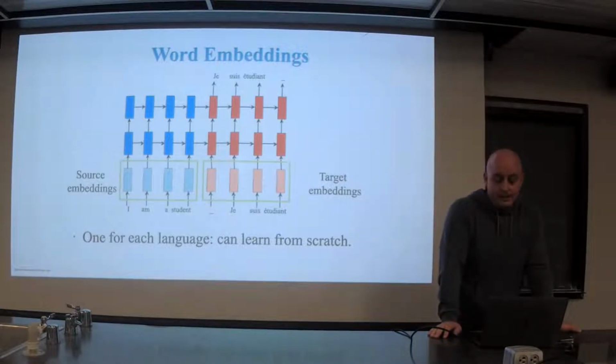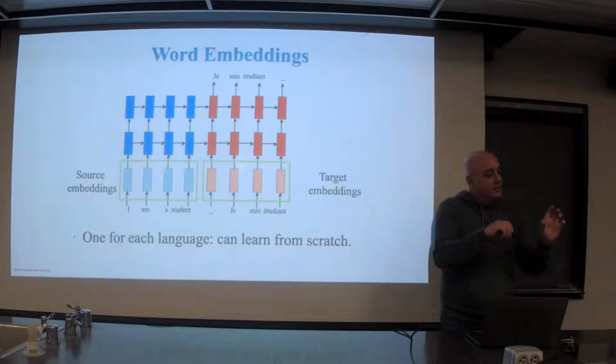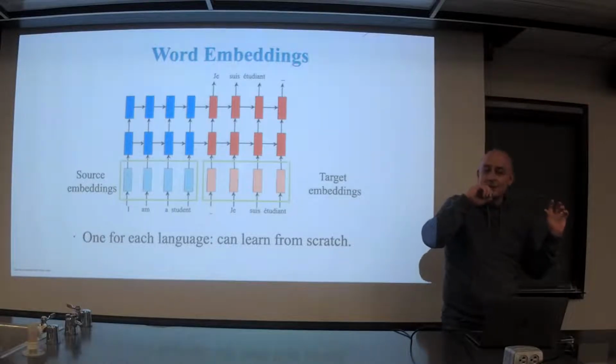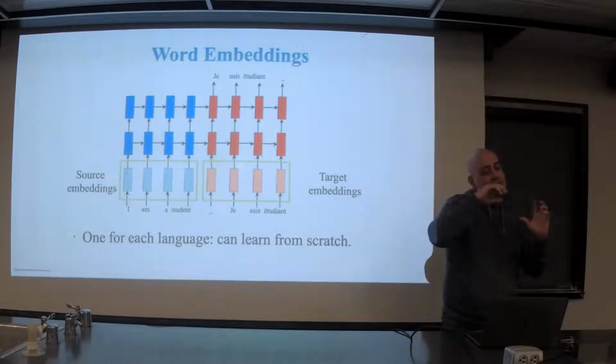They're the kind of things that people found where you could add words, like king minus queen is close to something like man.